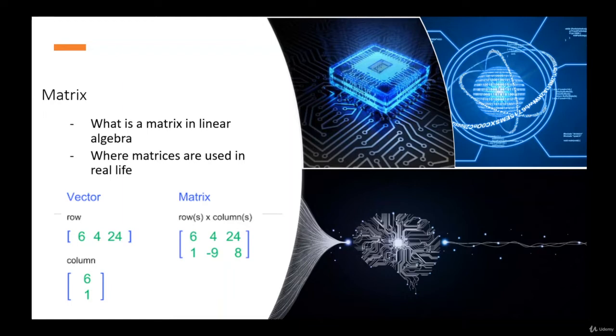It's going to be an x multiplied by y matrix. Here you can have an example of what a matrix is. In this case we have three columns and two rows. So this is an example of a matrix. It can have way more columns and way more rows as well.